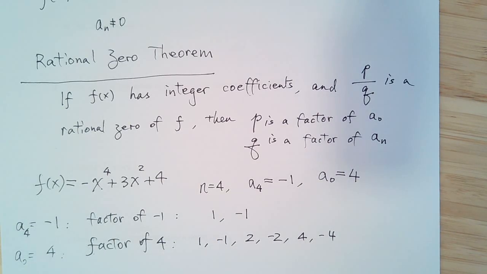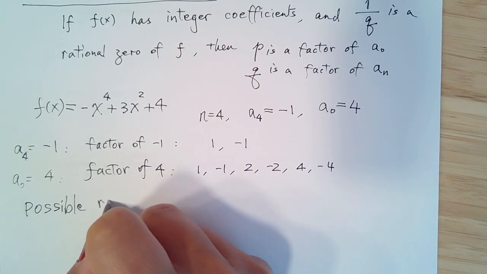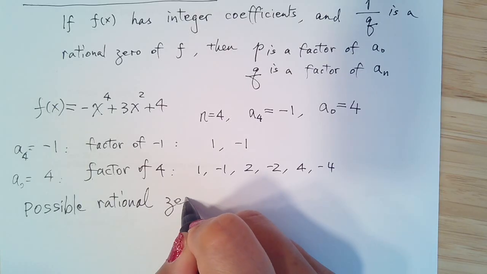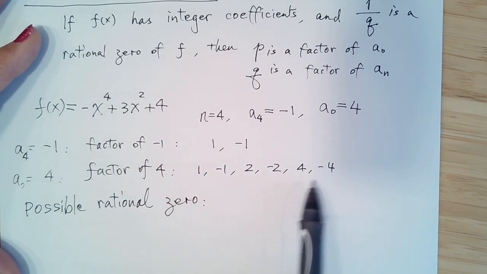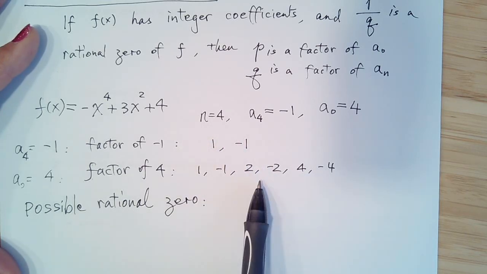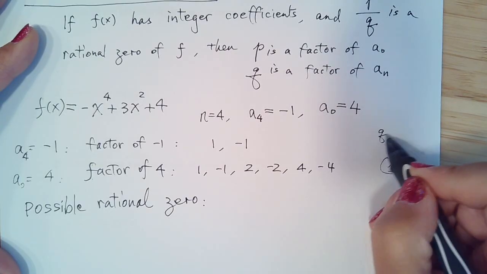So what are all the possible rational zeros? A possible rational zero will look like something on top, where we choose the number from here, divided by the denominator. So those will be the p, those will be the q.